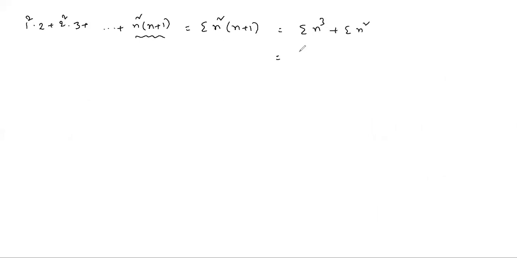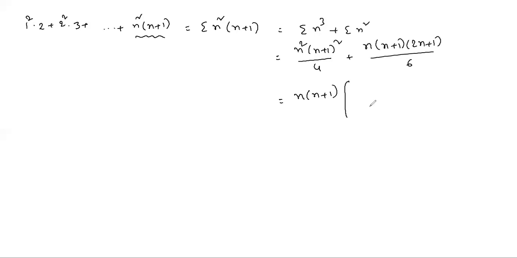Sigma n cube is n square into (n plus 1) whole square by 4, and sigma n square is n into (n plus 1) into (2n plus 1) by 6. So n into (n plus 1) common, and LCM 12: 3n into (n plus 1) is 3n square plus 3n, and 2 times 2 into (2n plus 1) is 4n plus 2. So n into (n plus 1) into (3n square plus 7n plus 2).